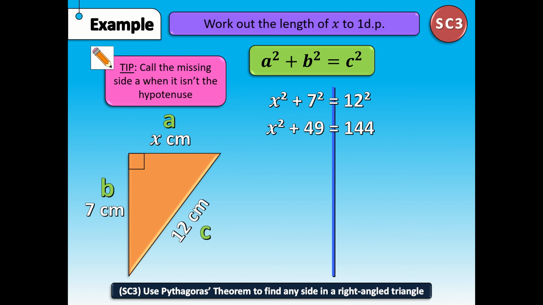So this time we need to think about what number do we add to 49 to get 144. So what we need to do is we need to take away 49. So x squared is 95. Then to find out x, we need to square root 95. So that's 9.7 to 1 decimal place.